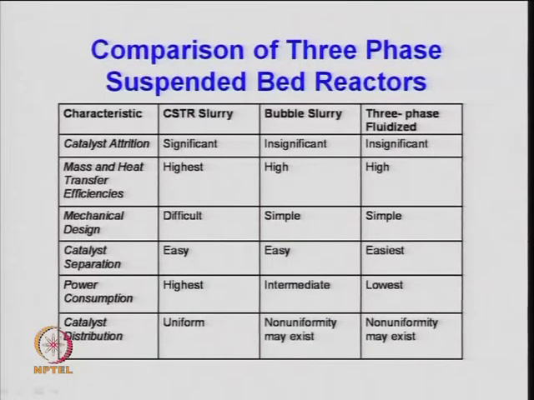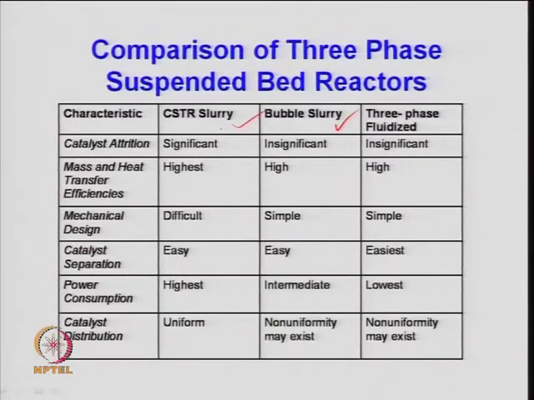Same thing for the suspended reactors, if you look at the different types of reactors which we talked about: CSTR slurry, bubble slurry, and 3-phase fluidized bed reactor. Here the attrition of catalyst may be an issue in the case of the slurry reactor, because you have a stirrer there, so the particles may crumble.